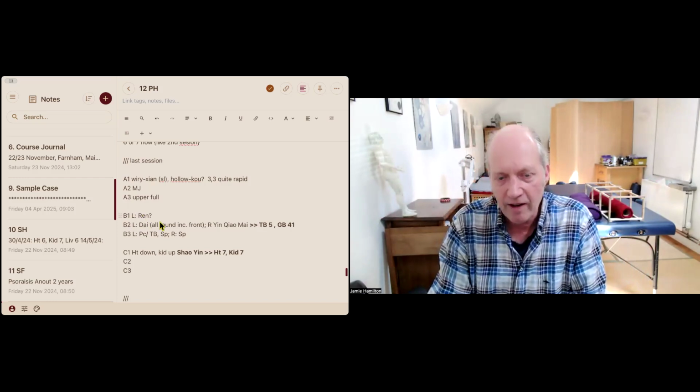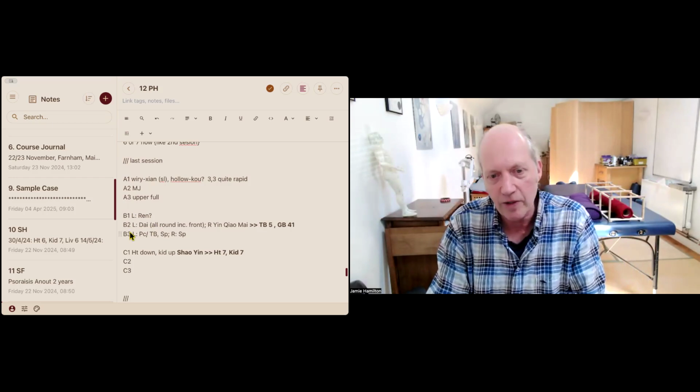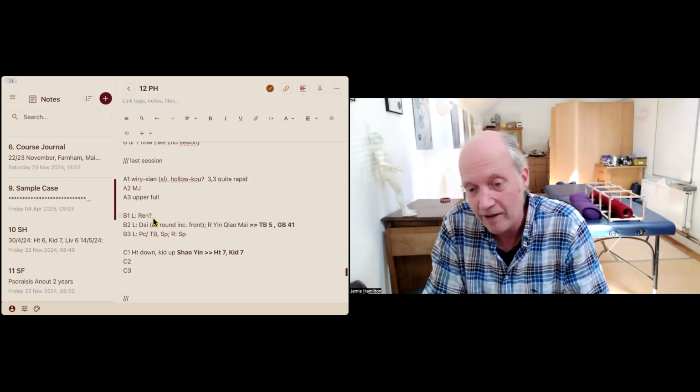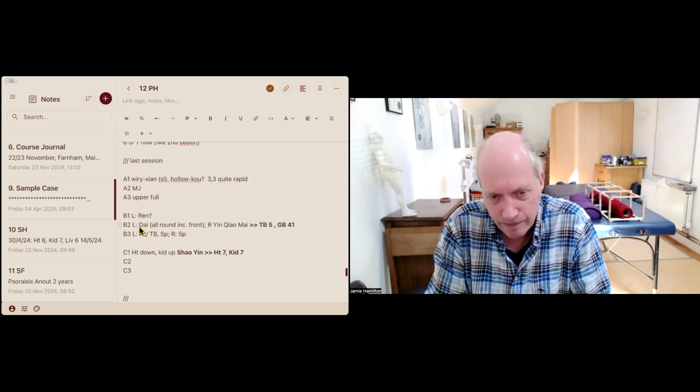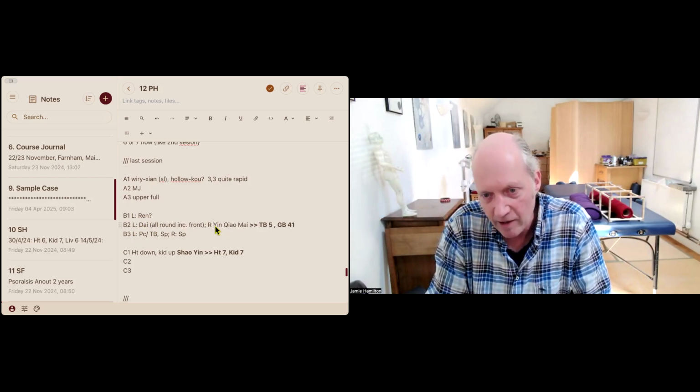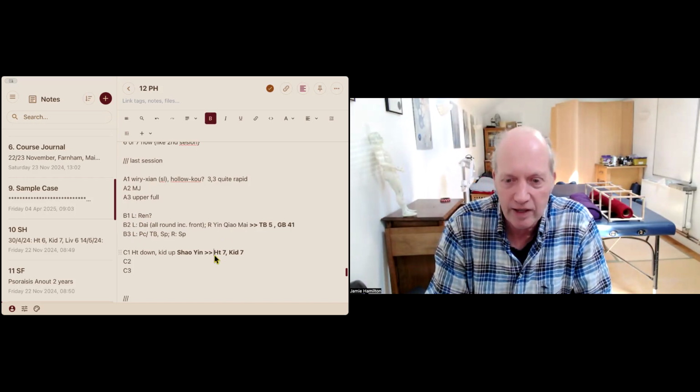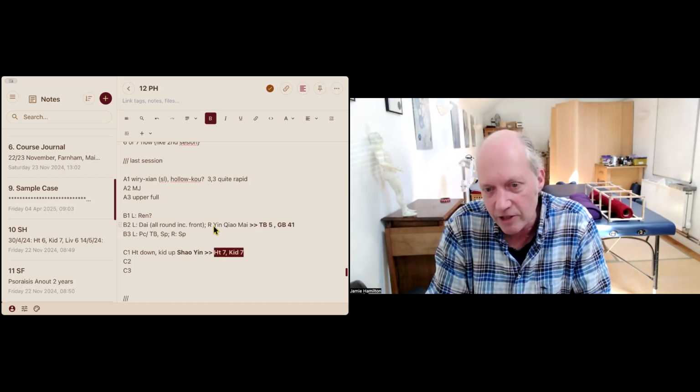B1, is it Ren? I just write it down. I did a question mark, but I kind of wrote it down thinking I don't think it is Ren. In fact, it was the Dai and the other things were going on there as well. Left-sided Dai, right-sided Yin Chao Mai. So you've noticed it's sort of treated with the kidney and heart, but not exactly treated.